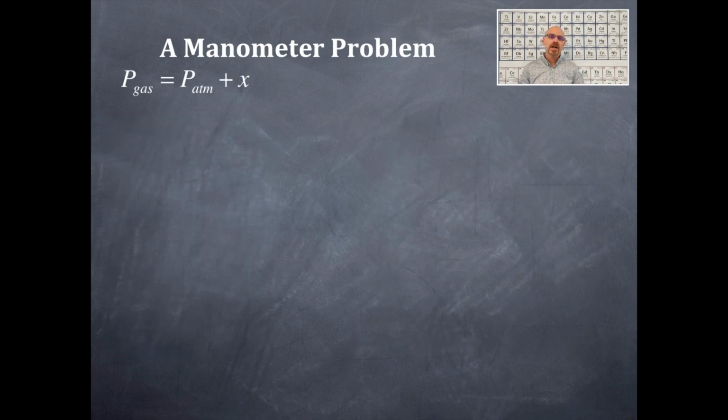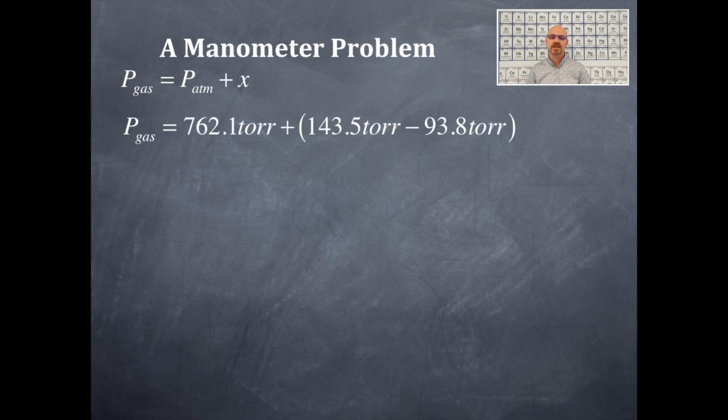Okay, so the pressure of the gas in the flask is equal to the atmospheric pressure plus X. X is the difference between the two heights on the right and left of the U-tube. We were given the atmospheric pressure, and then we are going to solve for that X value, which is the difference in the heights.